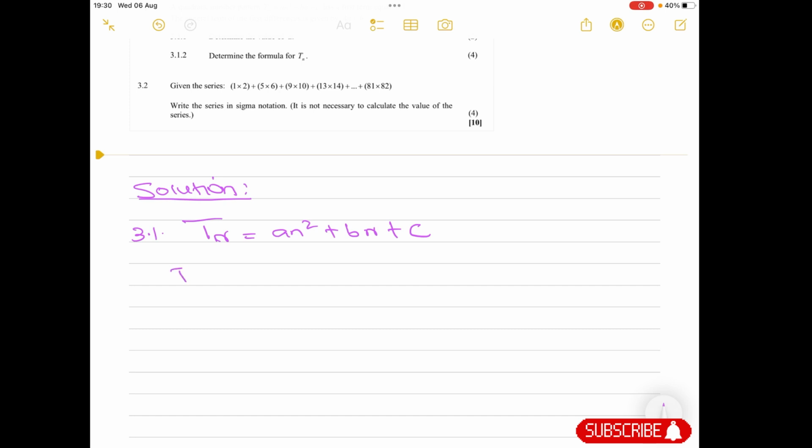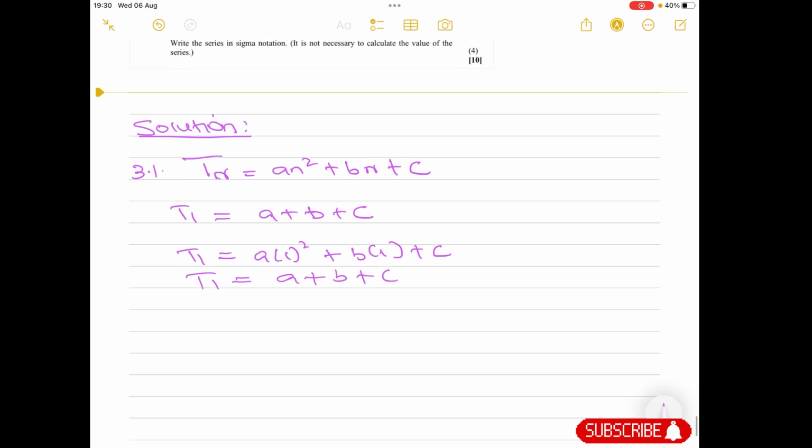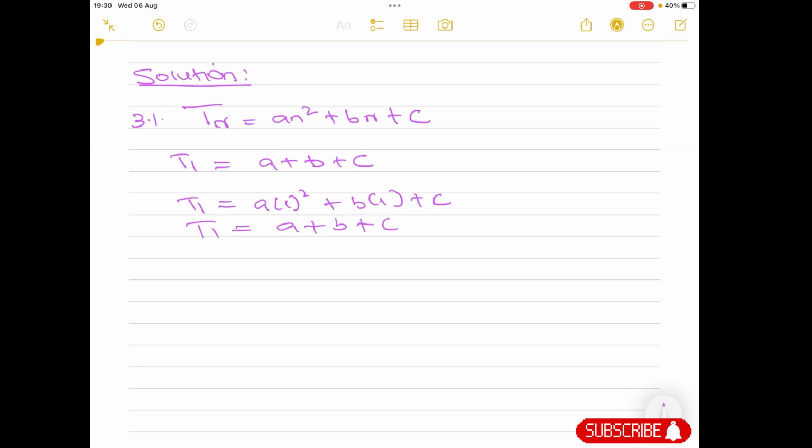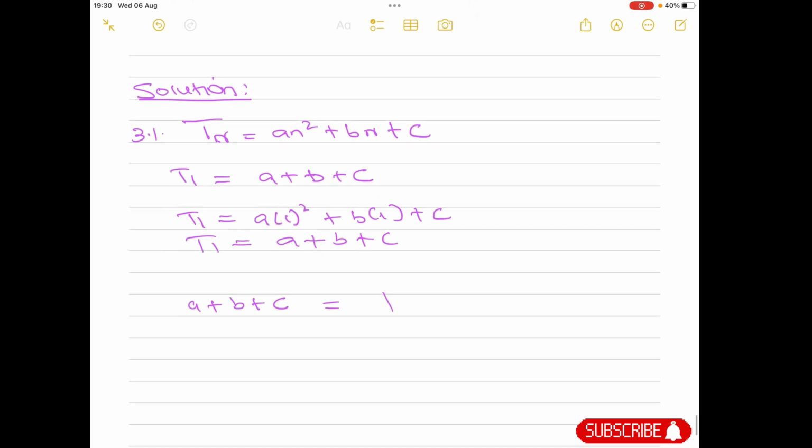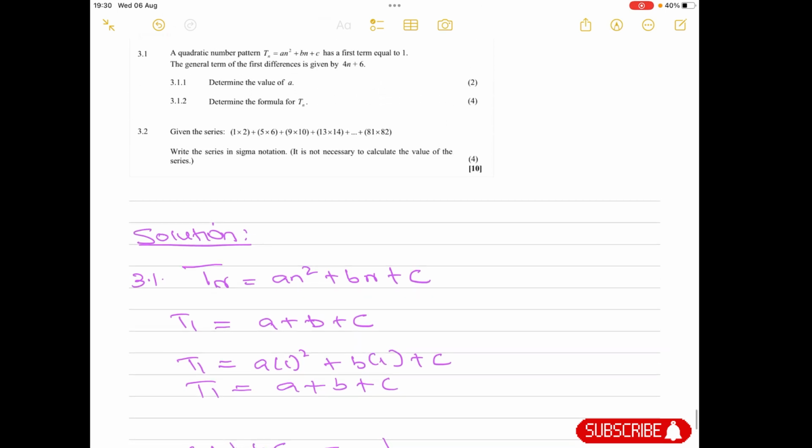When we work with a quadratic number pattern, we have T1 equal to a plus b plus c. How do we reach here? T1 is equal to a into 1 squared plus b into 1 plus c. As a result, T1 is equal to a plus b plus c. Meaning, a plus b plus c is equal to 1. This is what we know.